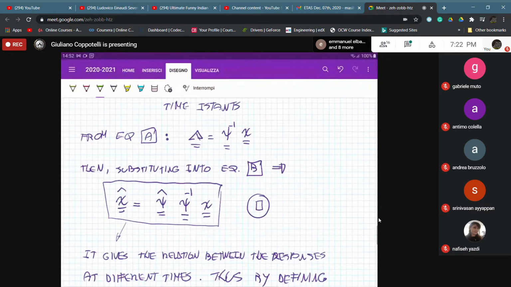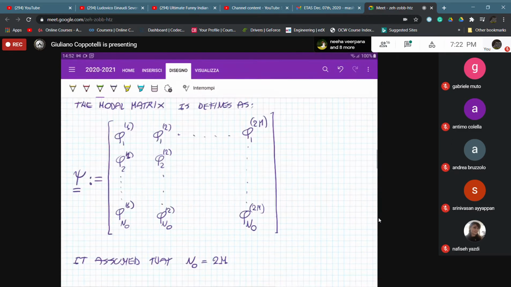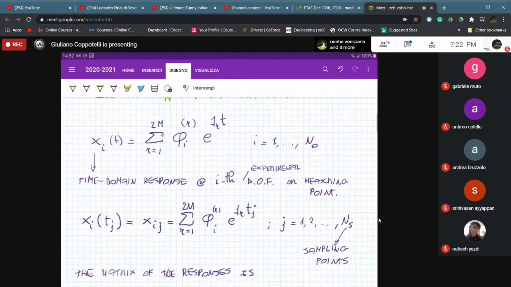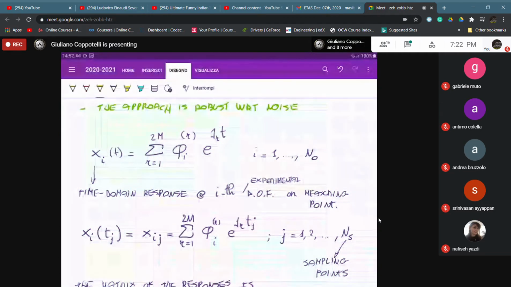Please remember, we start from the very beginning with the relation between the free responses and the modal parameters. By the way, we are not considering any participation factor. They are included in the modal amplitude. So when I'm writing phi vector or phi matrix, we are also considering the participation factor.